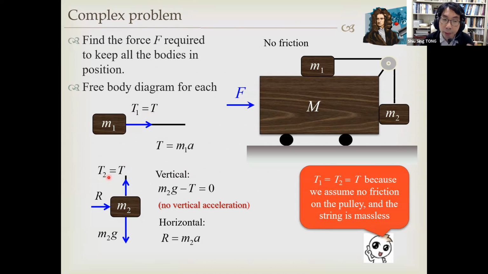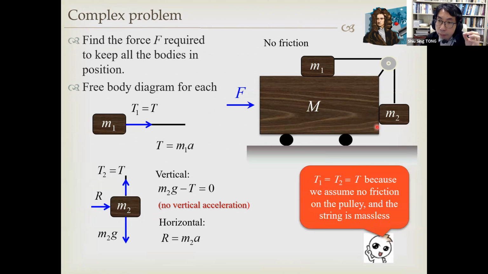So I just replace my T2 with T. And of course, the block is pulled downwards by its own weight, so the downward force is M2 g. But there's an interaction force between the trolley and the block, right? There's a horizontal force that pushes the block M2 forward, and that is from the trolley. I call this horizontal force R. The R is an interaction force between the trolley and the block M2.